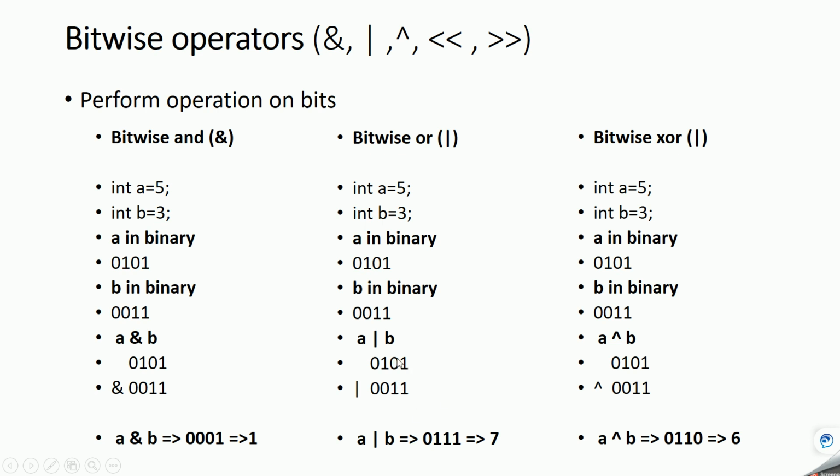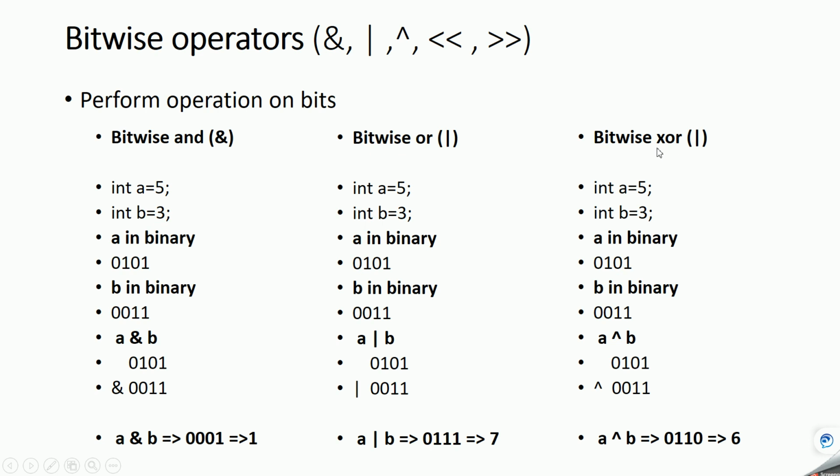In the second bit, one of them is 1, so it will become 1. In the third bit too, one of them is 1, so it will become 1. And in this case, both are 0, so it will become 0. So the result is 0 only if both are 0, otherwise it is always 1 if any of them is 1. So here a bitwise OR b will become 7.